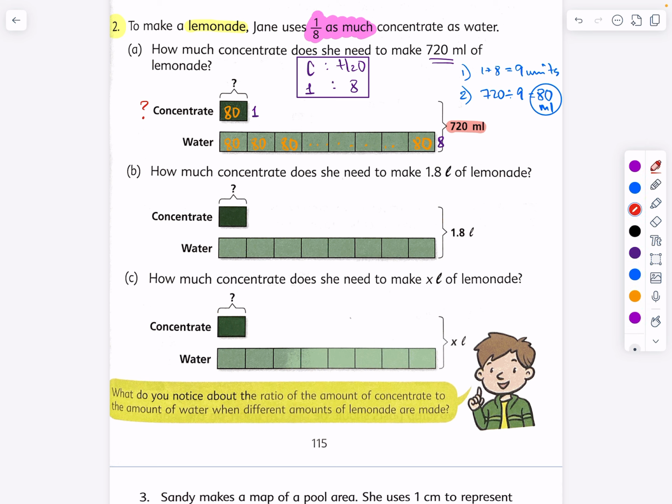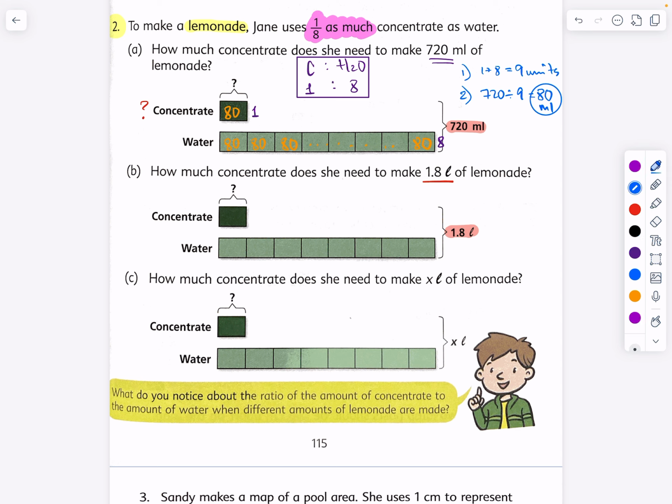Next part of the same question, part B. How much concentrate does Jane need to make 1.8 liters of lemonade? Notice our quantity is not the same. We want to make more. My friends, here it is very important to convert 1.8 into milliliters.